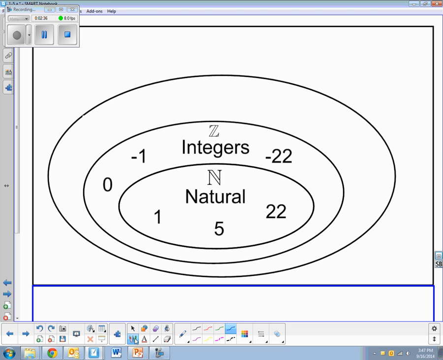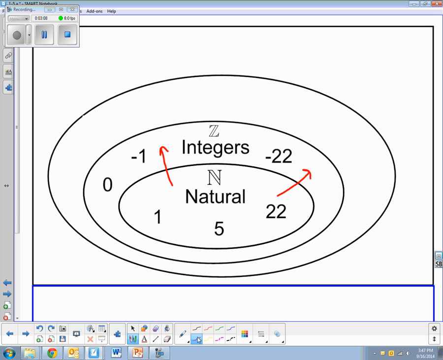All the positive whole numbers, 1, 5, 22, are all natural numbers, but they're also integers. So everything in the inner circle is also an integer. 22 is a natural number and it's an integer. It fits both criteria. It's a positive whole number or a negative whole number. It works for both. However, -1 is not a natural number. -1 is not a positive whole number.